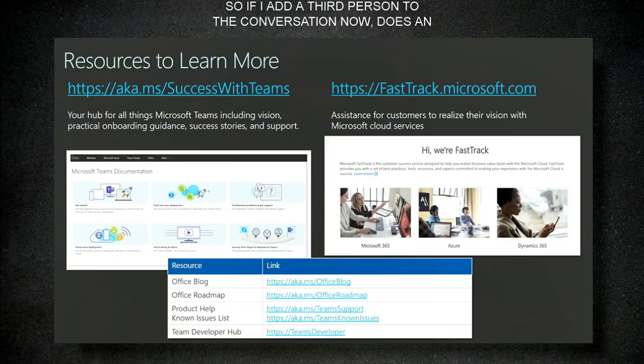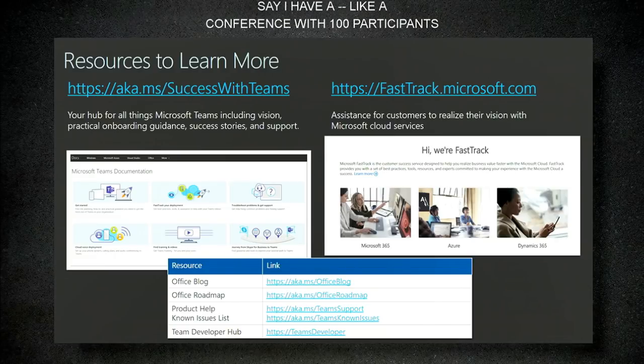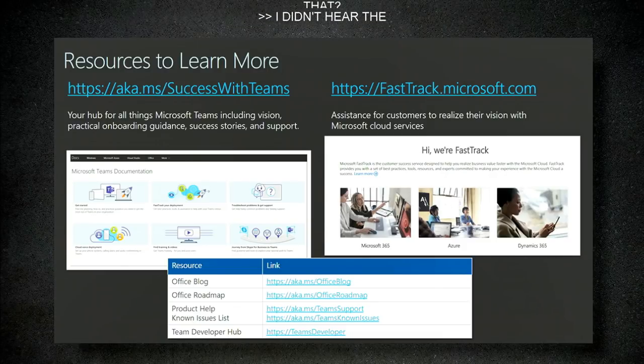Now, say I have a conference with 100 participants who are in different regions. Is there a single MCU that has access to every one of those media streams and is mixing that? Yes. You could think of it similar to Skype for Business. There is still that idea of a single AV MCU sitting in one of those regions, wherever that conference is homed.